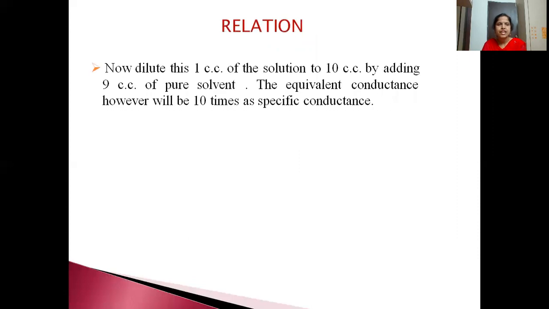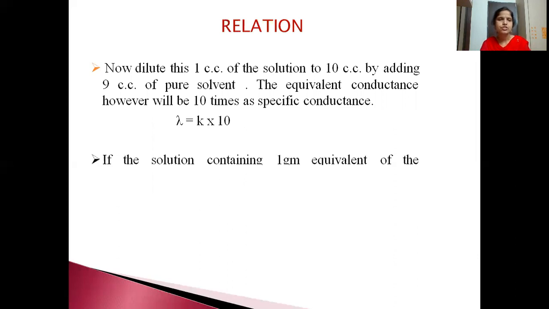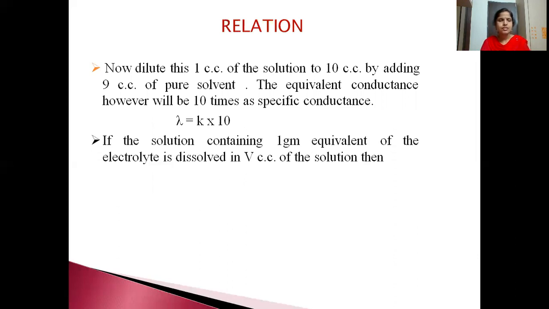Now suppose we dilute that 1 ml taken in the vessel into 10 ml just by adding 9 ml of the pure solvent, then lambda will be equal to K into 10, because we are diluting it 10 times. That's the reason we write the expression as lambda is equal to K into V.